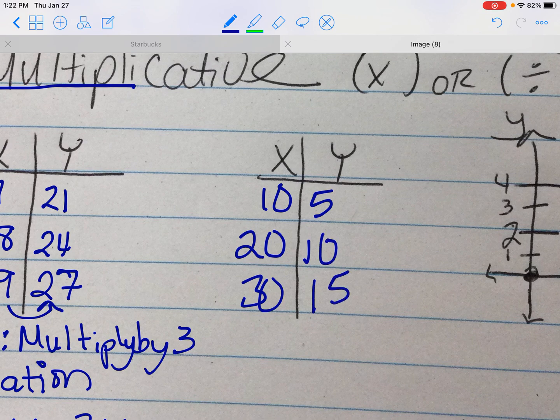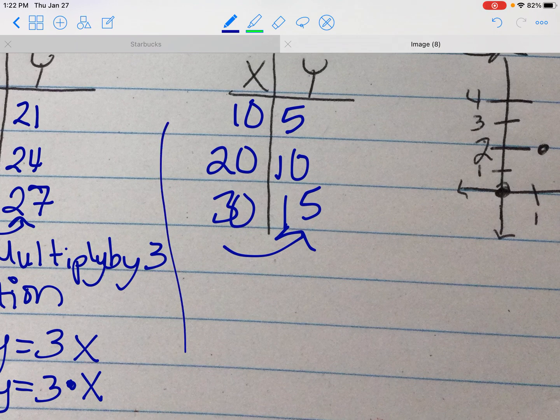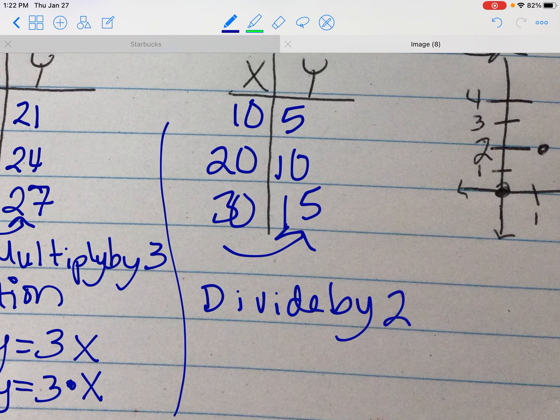Here, my x is 10, the y is 5. My x is 20, my y is 10. My x is 30, my y is 15. How do I get from my x to my y? Some of you are already screaming it. Divide by 2. That's the rule. What does it look like in an equation?